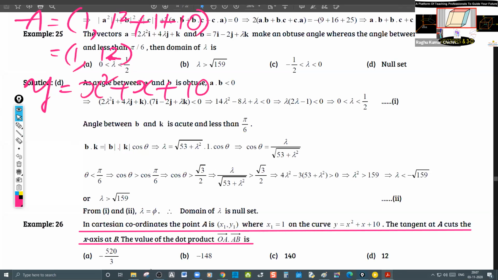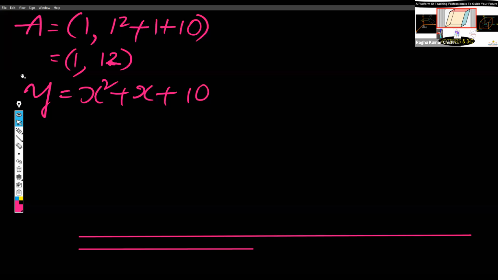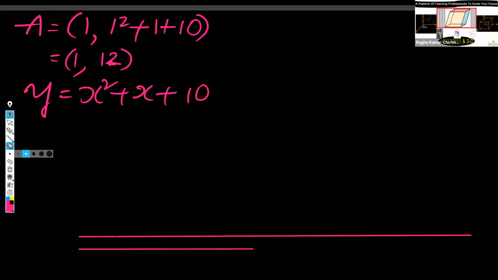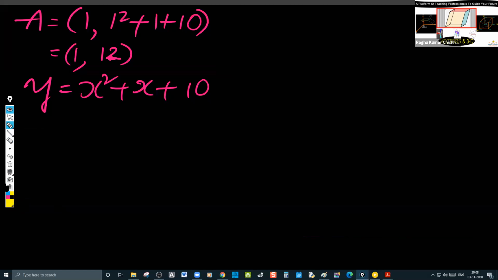How to write the tangent, please? How to write the tangent, Kaushik? You tell me, I will be doing that. Sir, how to write the equation of the tangent? Your 11th class knowledge only. Equation of the tangent we need.